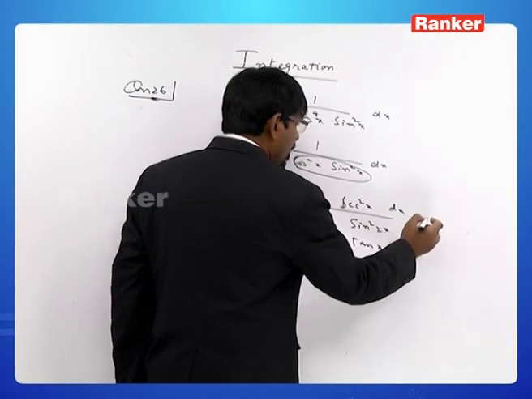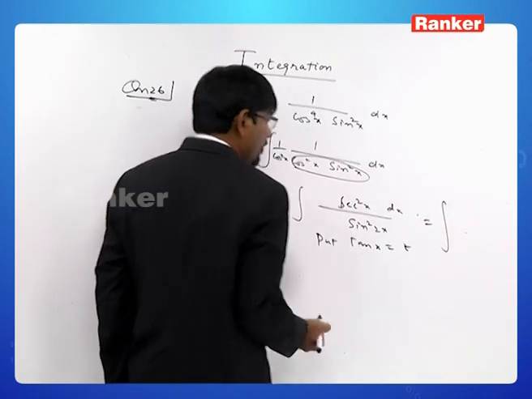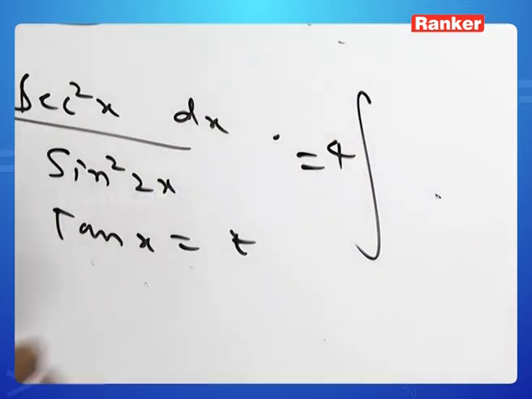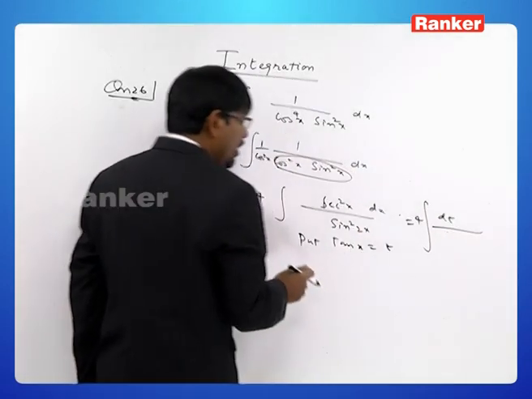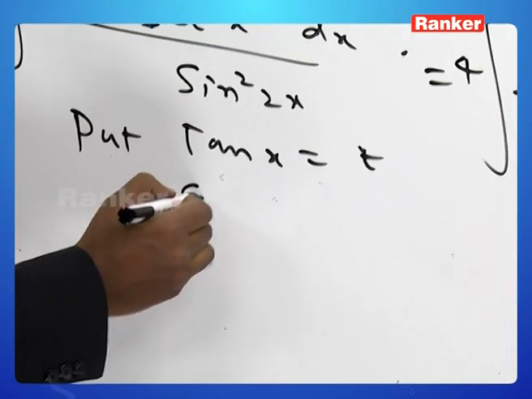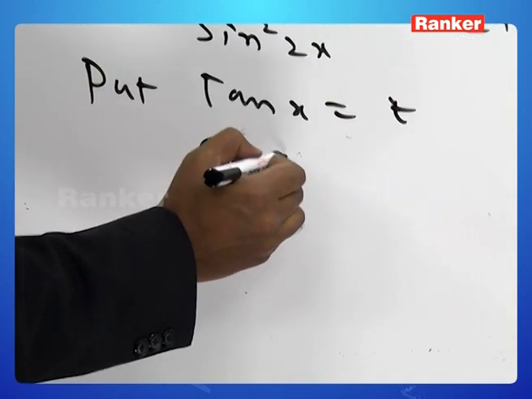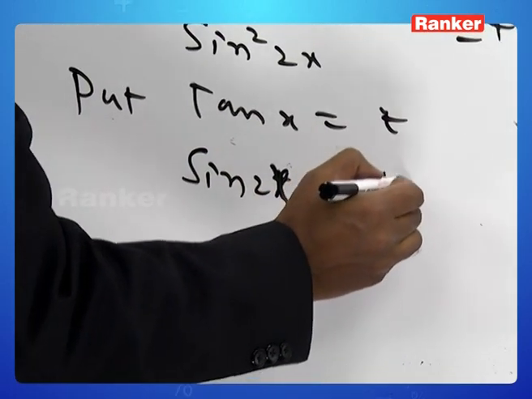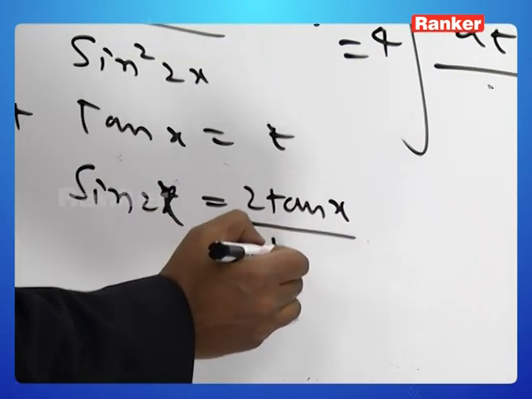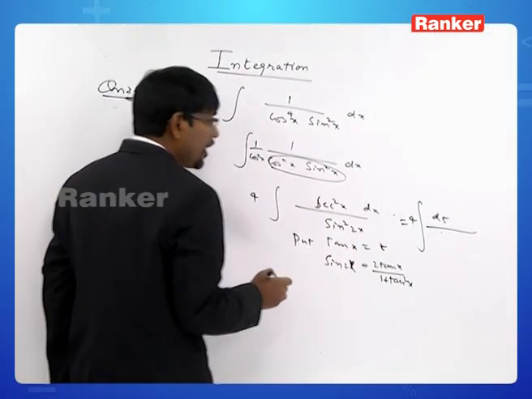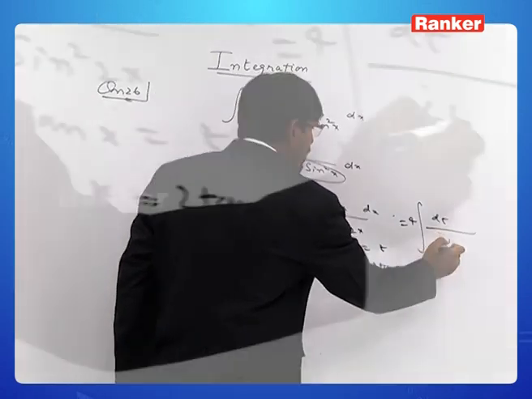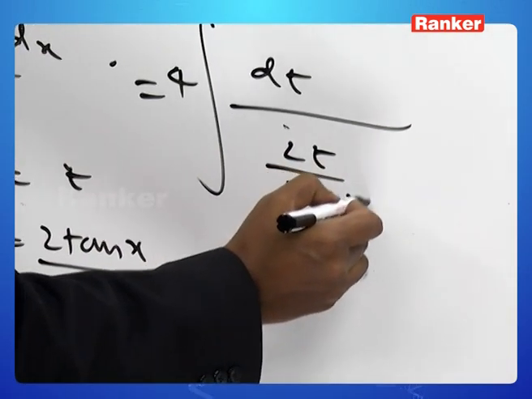So now the integral becomes 4 into secant square x dx, which is dt, divided by, what do we know, sin 2x is equal to 2 tan x by 1 plus tan square x, we know this. So making use of that formula, that turns out to be 2t by 1 plus t square the whole square.